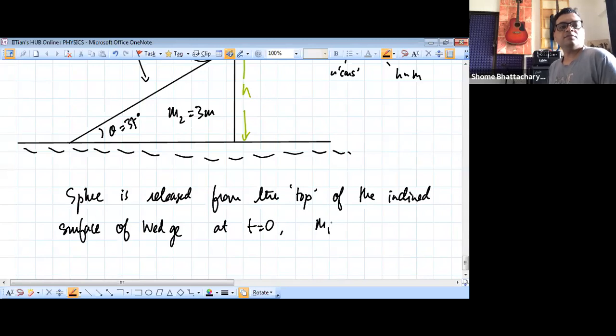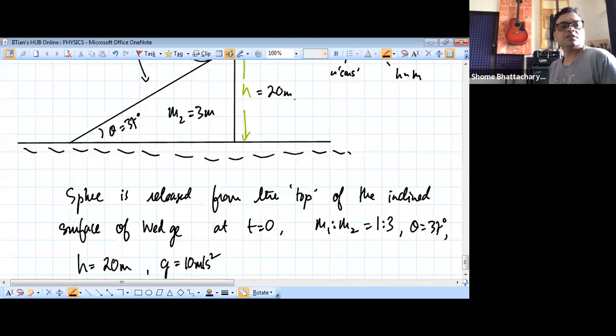So given that m1 is to m2 is equal to 1 is to 3, theta is equal to 37 degrees, h is equal to 20 meters, and g is equal to 10 meters per second square. This h is also given 20 meters.